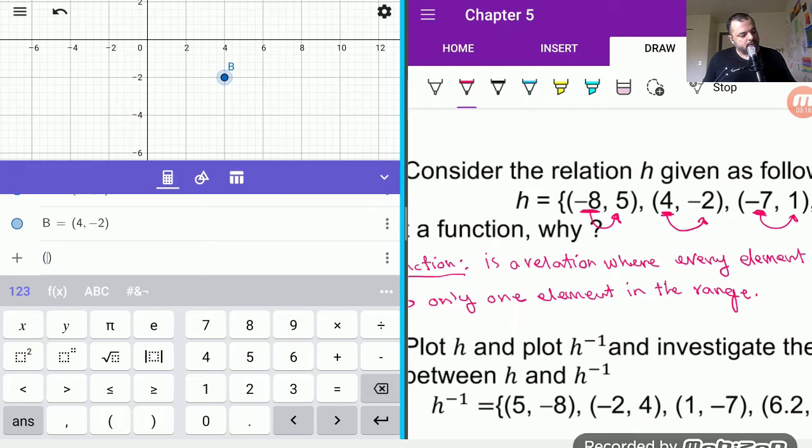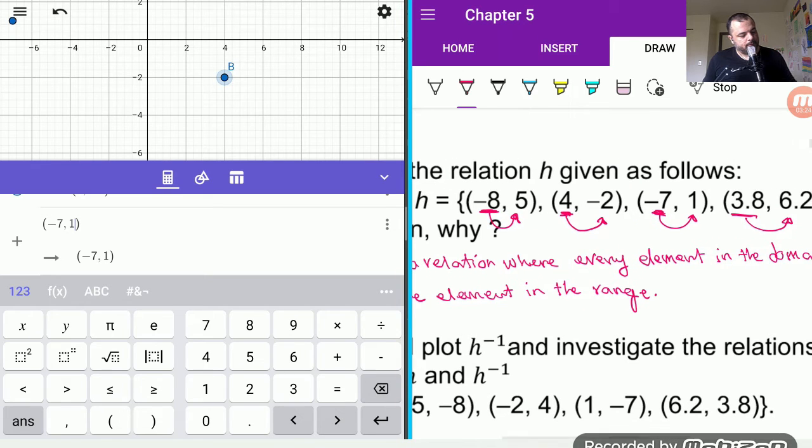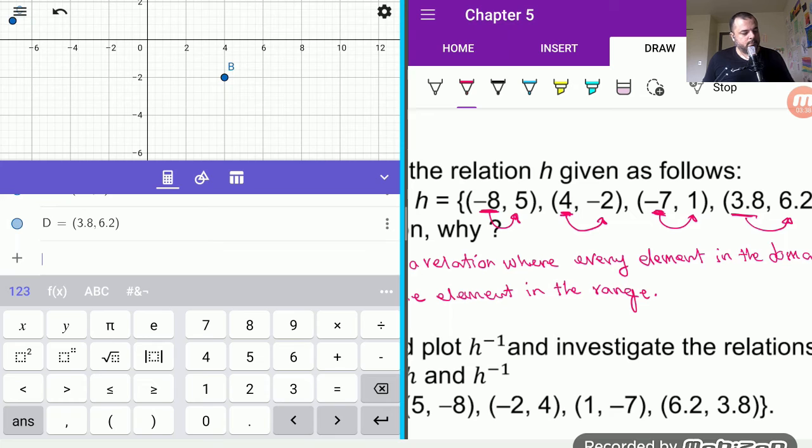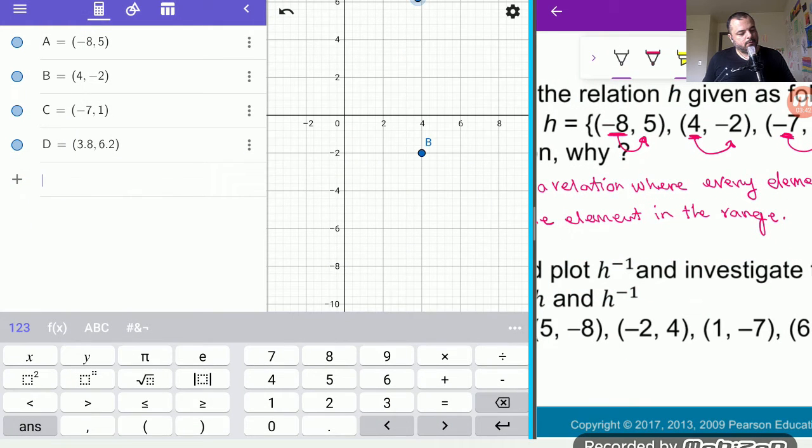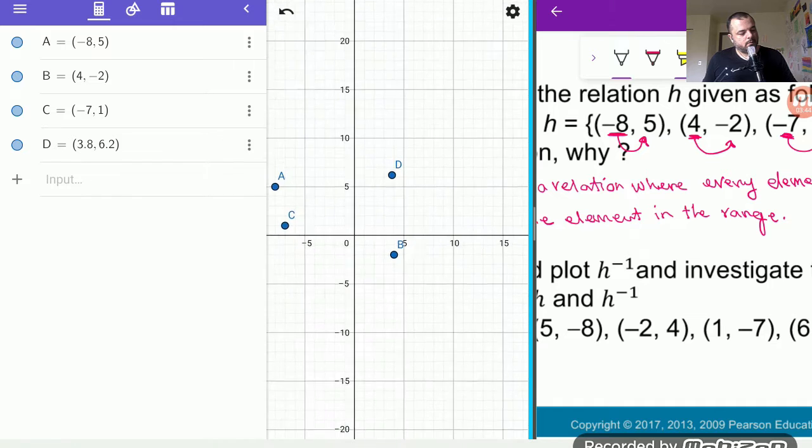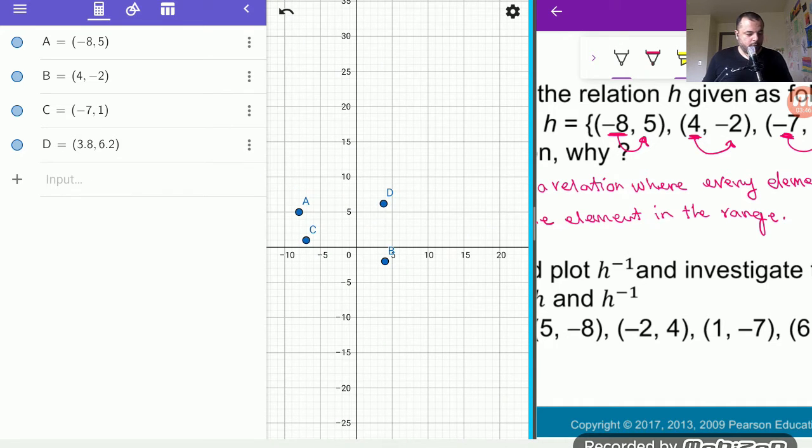Then -7, comma, 1, and 3.8, comma, 6.2. If you look at these points, these are all of the points.